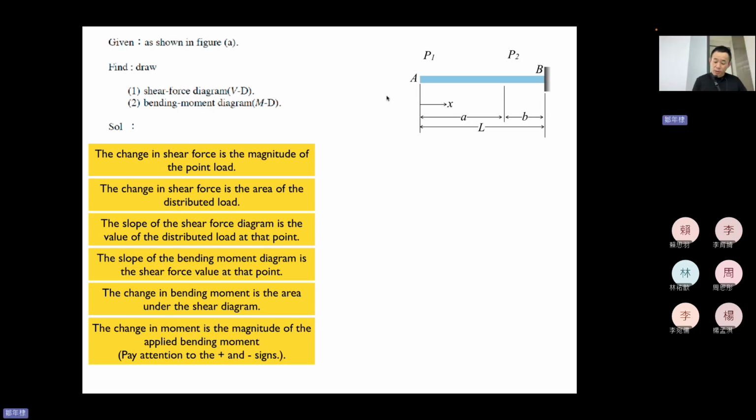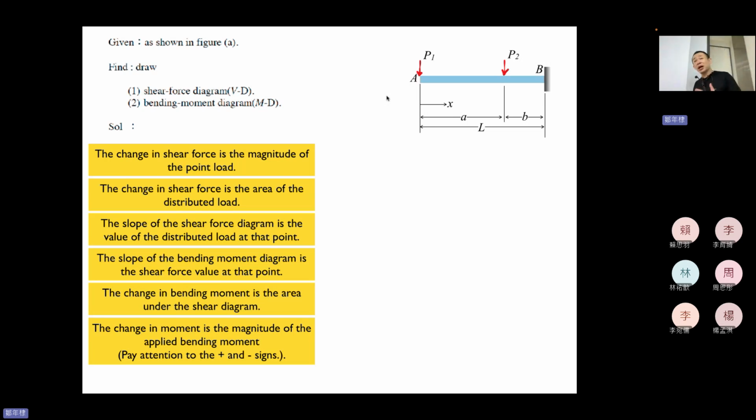This one, okay. Finally, you found that there's something different, right? With the fixed end, P1, P2. Okay, something like that. So what does the support look like?